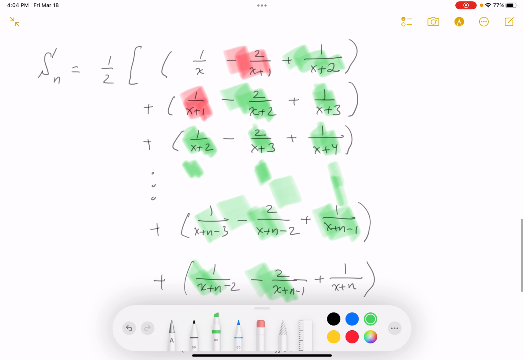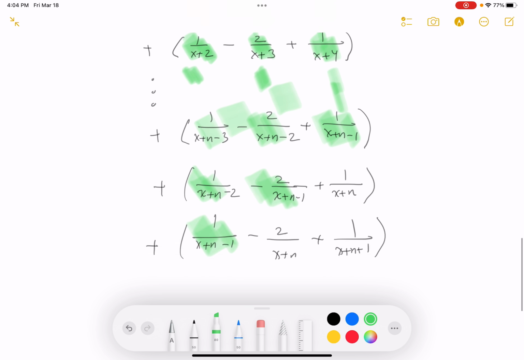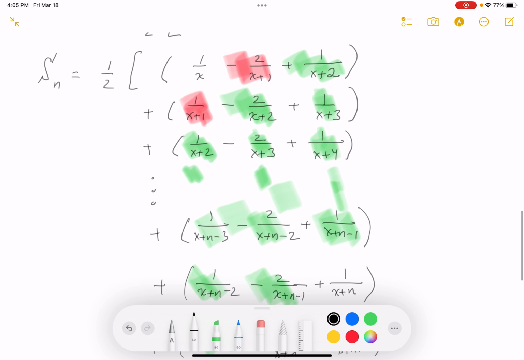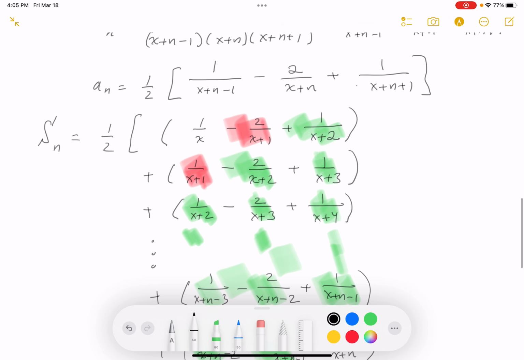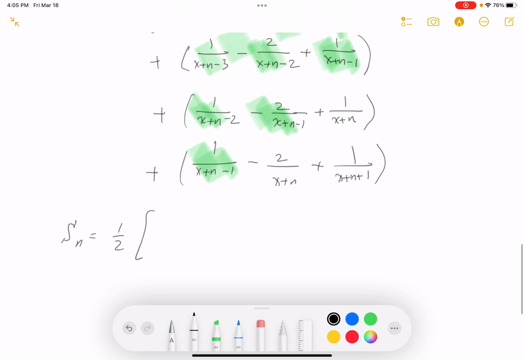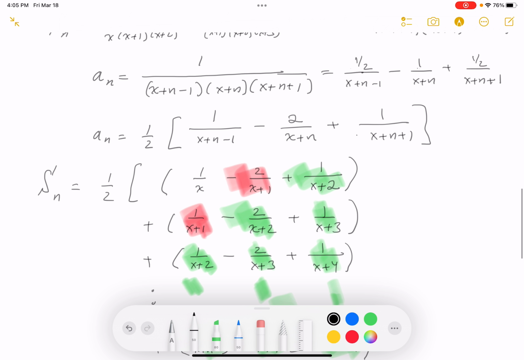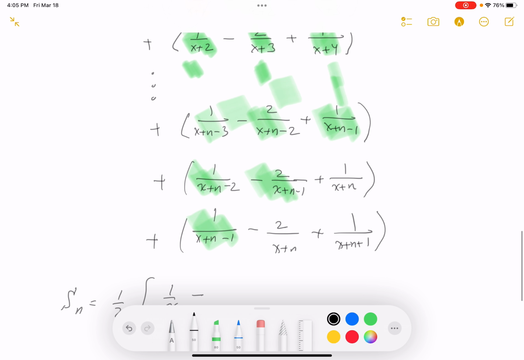All right, what am I left with? Well, I've got to write this down for you. Sn is 1/2. I'll try to be as careful as I possibly can. I see 1 over x minus, I'm doing these 3 guys over here, and that would be minus 1 over x plus 1.